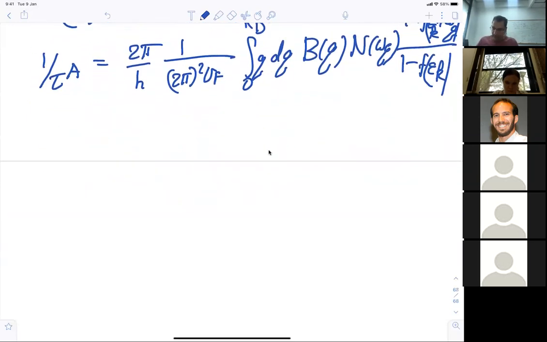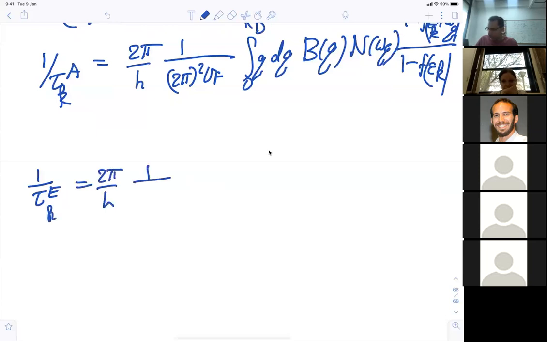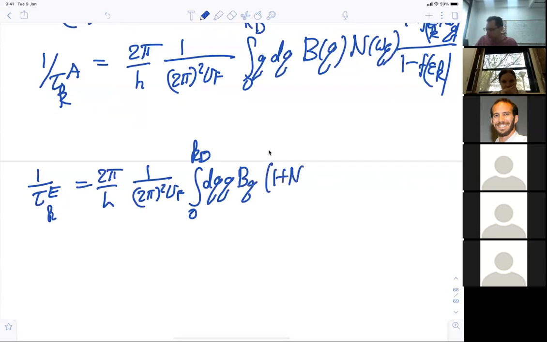Similarly, 1 over tau emission k will be 2 pi over h bar, 1 over 2 pi squared v Fermi, integral from 0 to k Debye dq times q times b of q. Here will be 1 plus n omega q. And everything else will be the same.